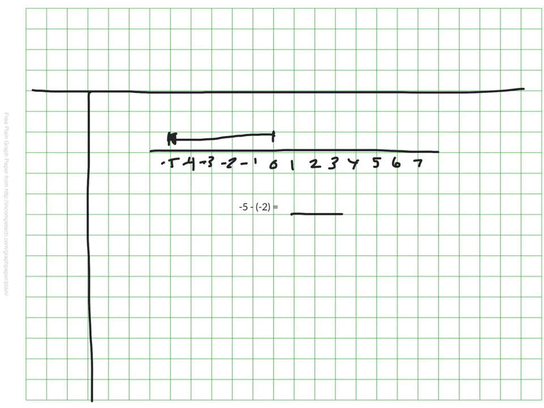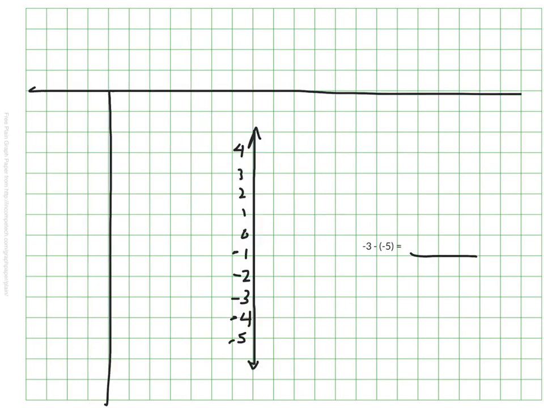From there, I'm subtracting, but I'm subtracting a negative, so I need to do the opposite. So instead of going to the left more, I'm going to go to the right 2 units. So 1, 2 until I stop right here, which means negative 5 minus a negative 2 is a negative 3.